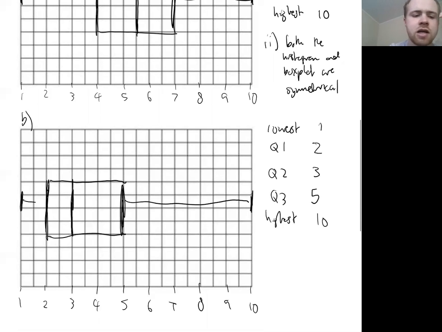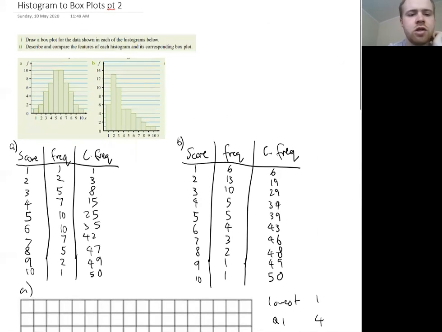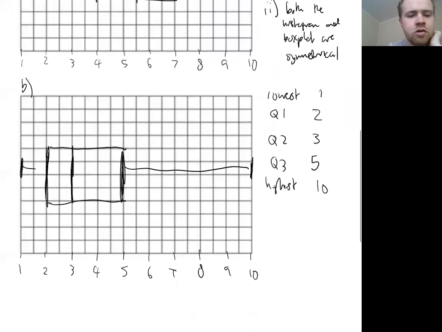So you can see here, just like our histogram was positively skewed, we had more points on the left side, more smaller points. We've got the same kind of skewedness represented in our box plot. So you can see here, it's kind of crammed up on the left side, and then it spreads out more on the right side. So there's that long tail there.